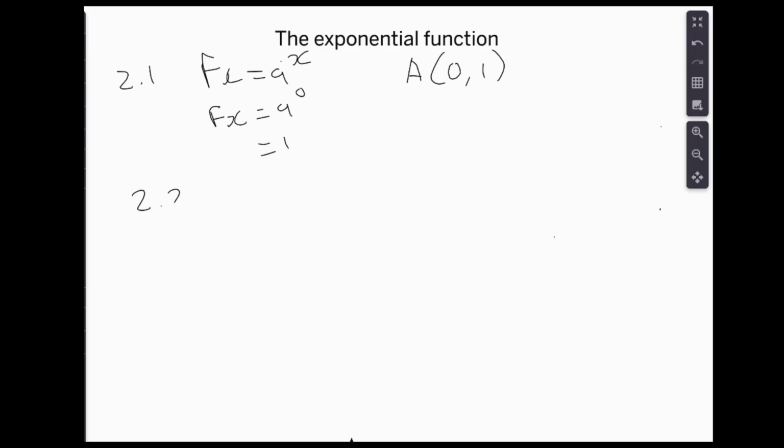We can write here: the graph is decreasing.